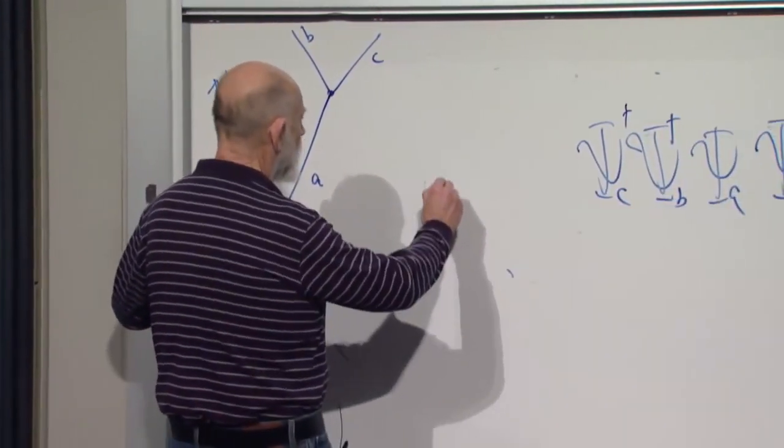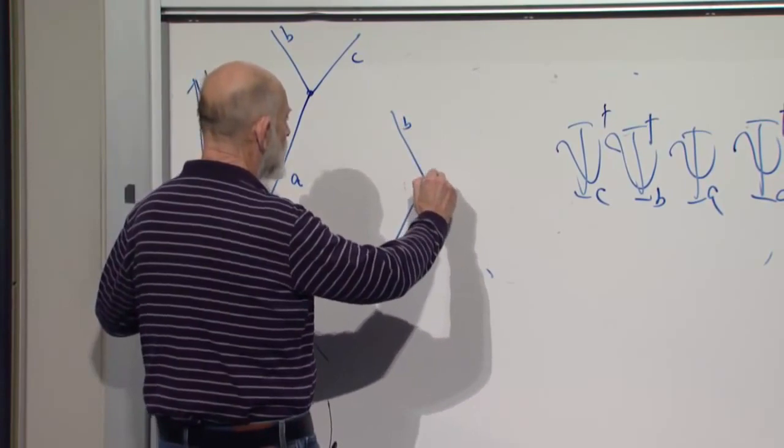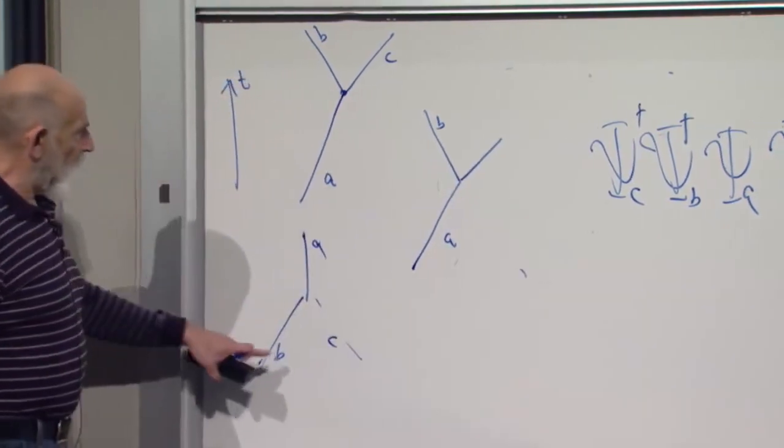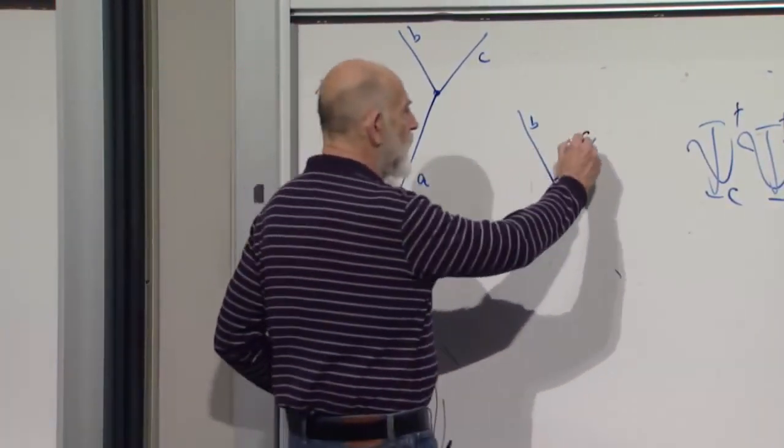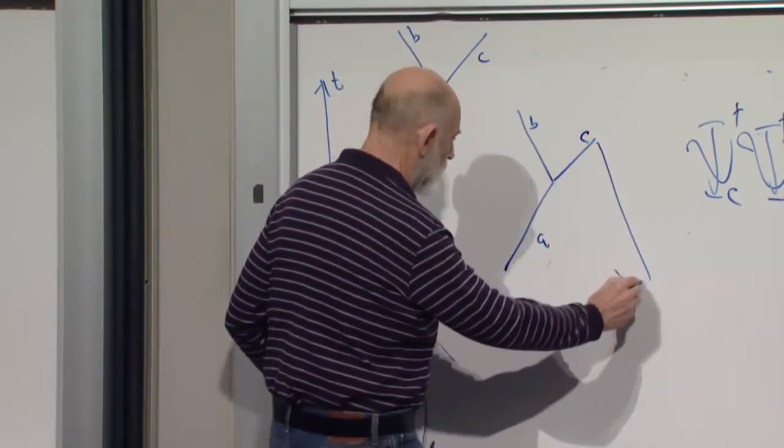A can come in, create B and C, but now if there happened to have been another B around, let's suppose there was another B around to begin with.